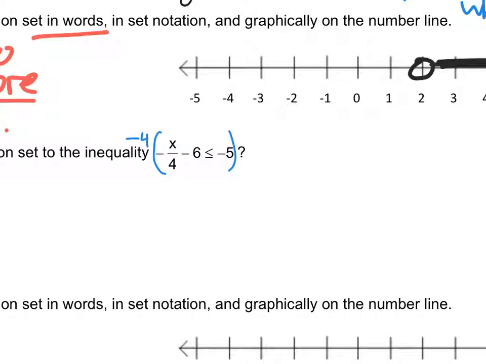If I multiply by -4, I can wipe out all those signs. So I'll be looking at x, and when I distribute this through, x plus 24. Now, I have a less than or equal to symbol here. What's going to happen? Flip it. It's going to become greater than or equal.